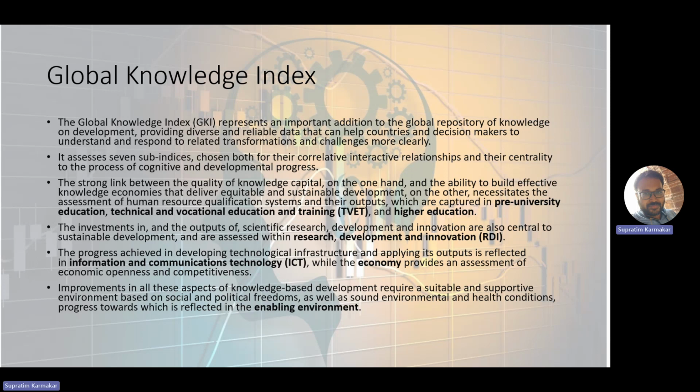Then only can we actually make advancement in each and every parameter mentioned here. And the Global Knowledge Index, especially for developing countries like India, the ranking will be much higher, and it will help to reduce its economic and social regressiveness.